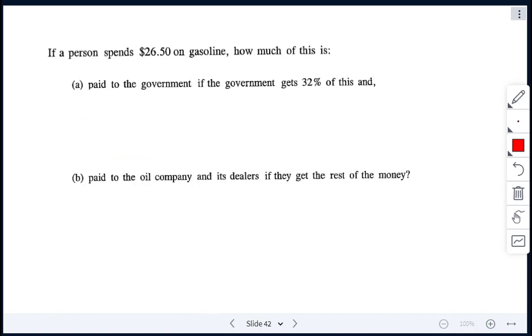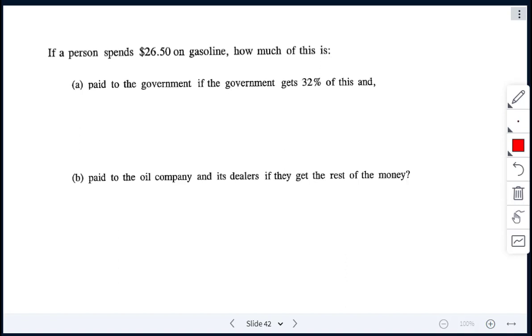All right, so let's take a look at this example here. If a person spends $26.50 on gasoline, how much of this is A, paid to the government if the government gets 32% of this, and B, paid to the oil company and its dealers if they get the rest of the money?